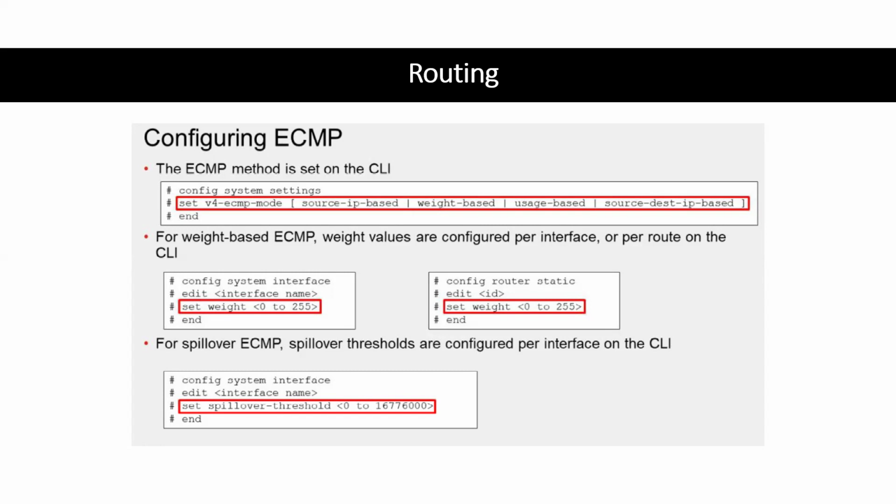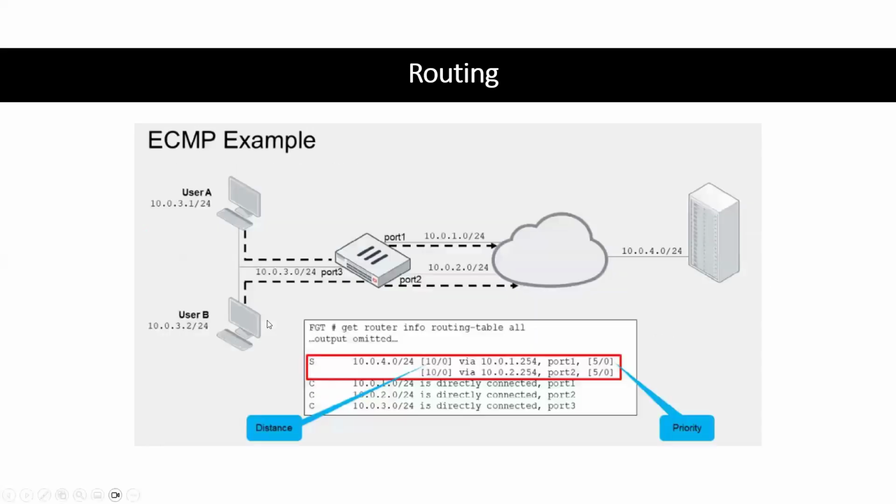If the traffic traversing this interface reaches 800 megabits per second, this is the threshold. Use the next path to get to the destination. Does that make sense? Yes. Okay.